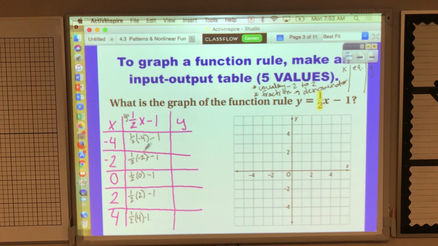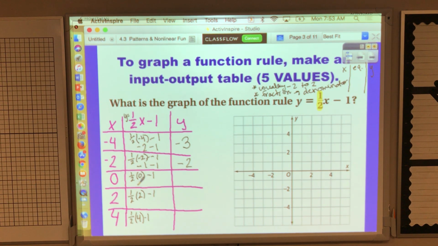Half of -4 is -2, and -2 minus 1 is -3. Notice I'm still showing all my work, the substitution and the steps it takes to solve that expression. So I already did the next plugins for us. 1/2 of -2 is -1. -1 minus 1 is -2.